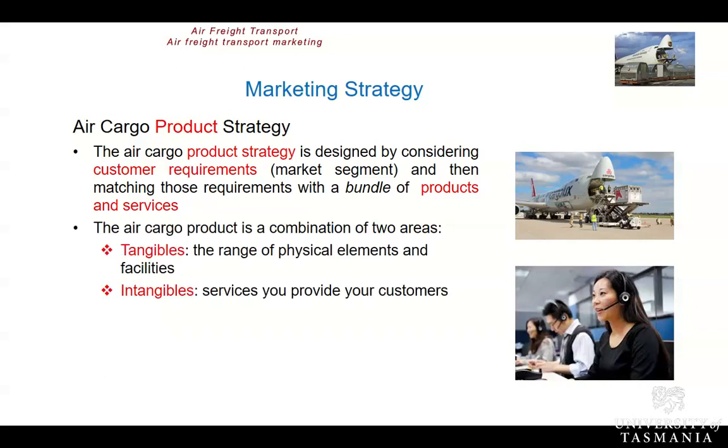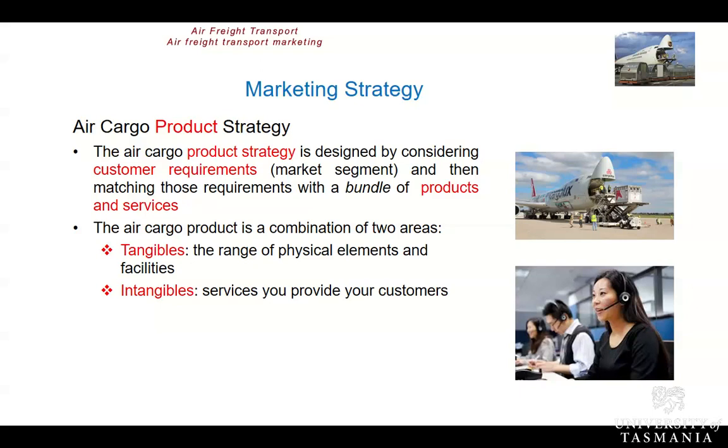Now, typically, in determining that product, the product element of the strategy will include a range of tangibles and intangibles. The tangible elements are those physical elements within your business. So the aircraft, all the equipment that you've got, any facilities that you've got, they're the tangible elements that you need within your business to satisfy your customer.